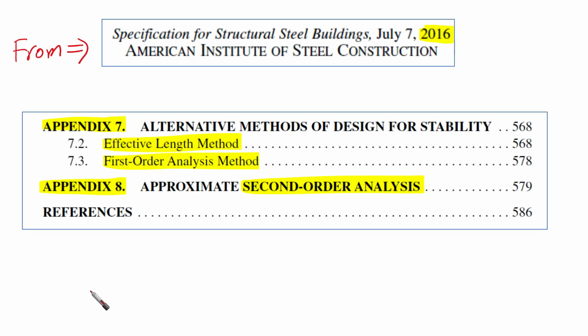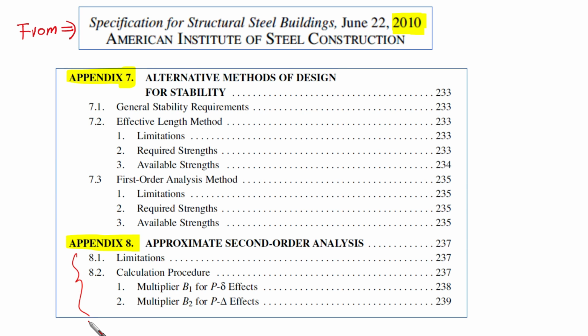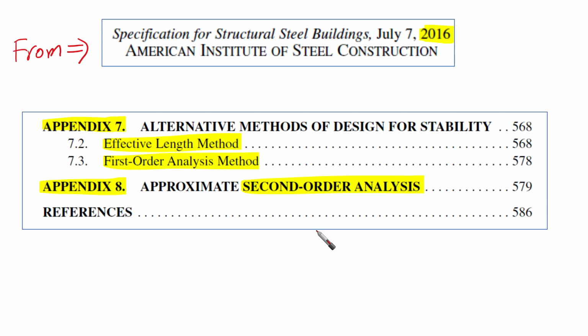In the 2016 version, they put it like this, approximate second order analysis. It seems to be maybe shorter, but here they gave it in the index in this way. But anyway, I think they are the same. I didn't compare the two, 2016 and 2010, so I'm not sure if there are slight differences or not. But I think they maintain the main theme of the approximate second order analysis.